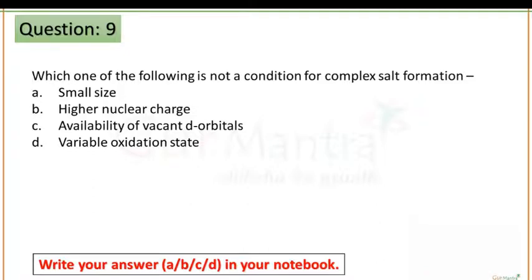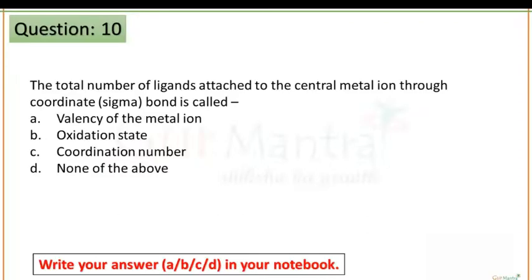The correct answer is option number D, that is variable oxidation state.